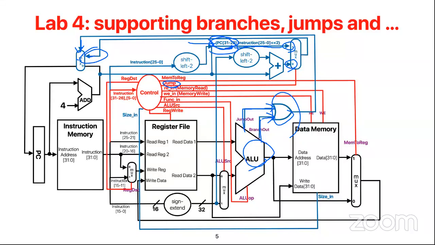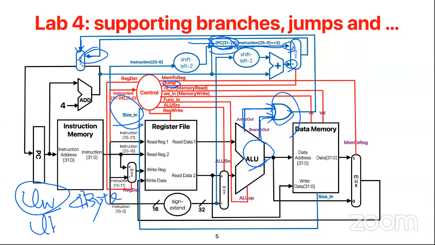However, I do want to warn you, most of our students are struggling with the size in. This is a new addition in Lab 4. Right now in the class, we spend most of the time talking about load word, which is a 4-byte load instruction. However, there are instructions like load byte, which only load 1 byte of data.